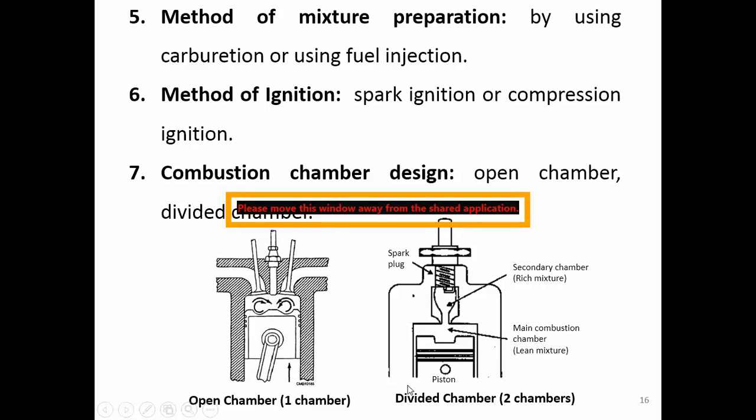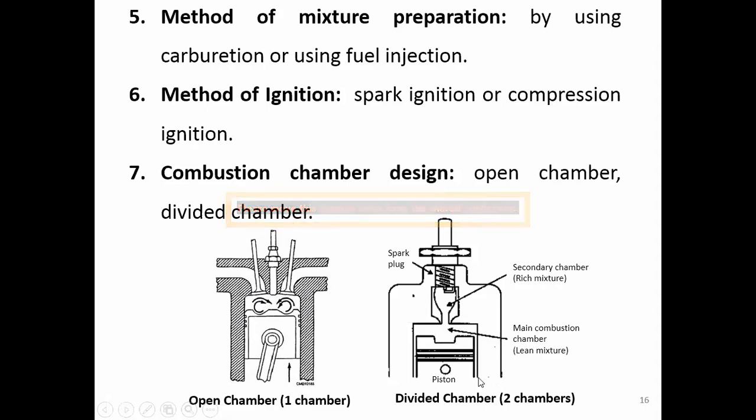Okay. Or we can have a divided chamber, right? Divided chamber means we can have more than one chamber. In this one, I show you two chambers. We have one chamber directly above the piston. This is called the main chamber.